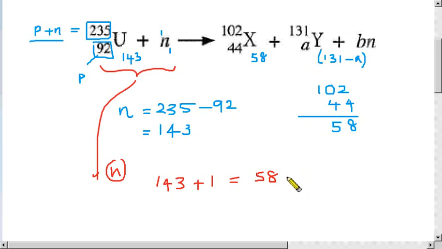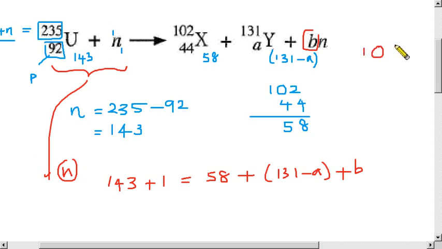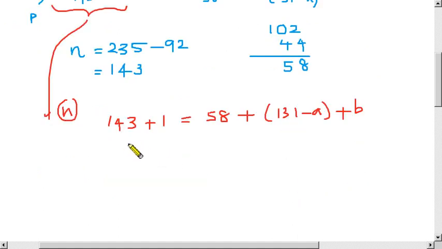So therefore we have to write plus 131 minus a, then plus another b neutrons here. Say 10n, that means there are 10 neutrons. So like that there are b neutrons, so we add this one here. Then we simplify: 144 equals 58 plus 131 minus a plus b.